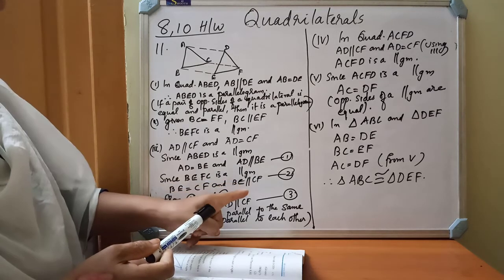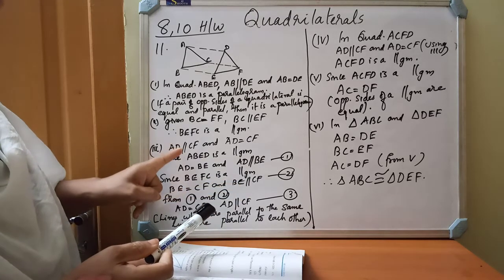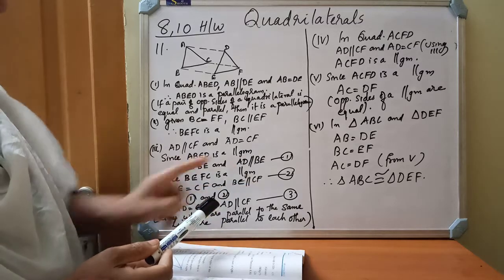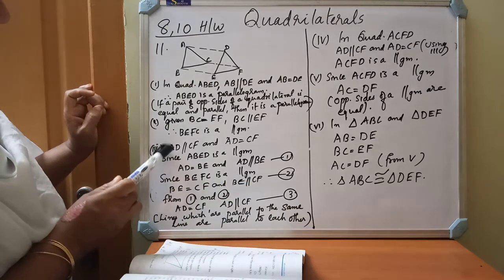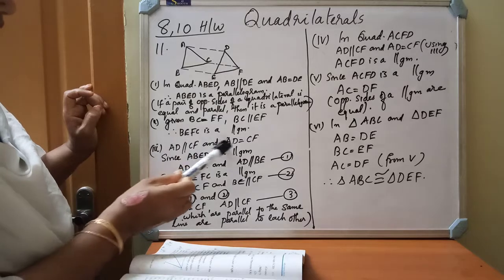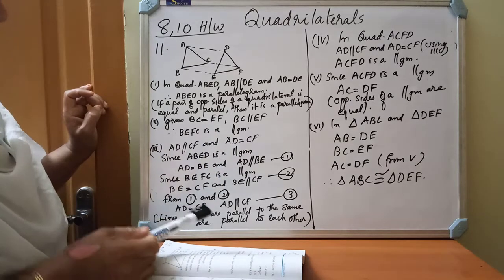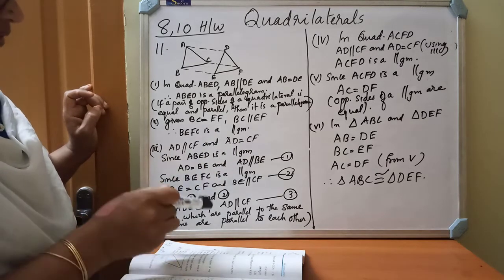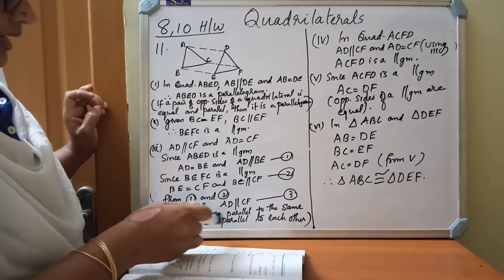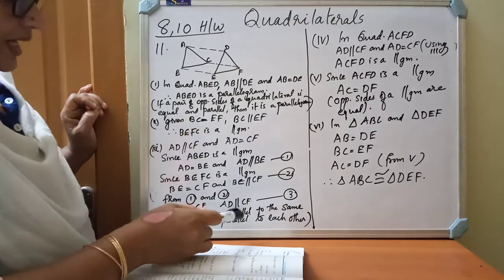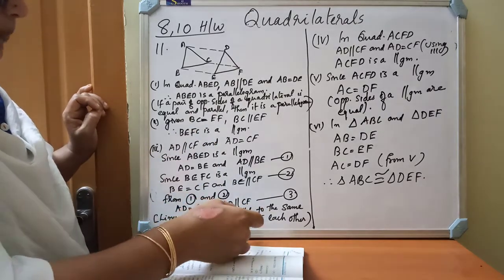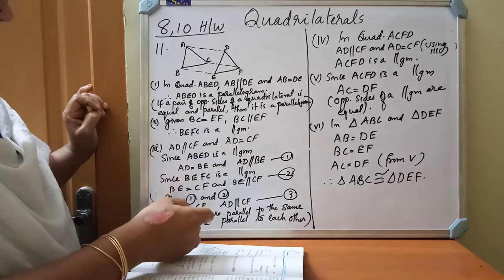So we can say that BE equal to CF and BE parallel to CF. From these two we can say that AD parallel to CF and AD equal to CF, because lines which are parallel to the same line are parallel to each other. That is the reason.